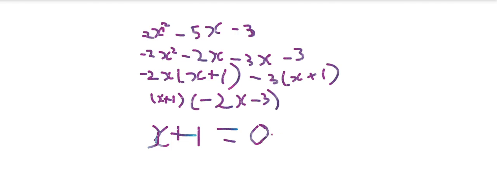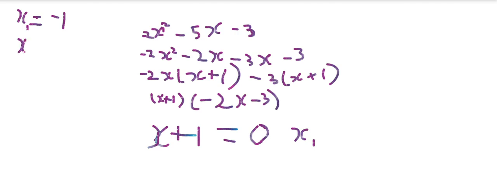So this would be the first solution, x1. If we solve it, the answer would be negative 1, because when we take the number to the other side, the sign changes. So x1 is equal to negative 1.